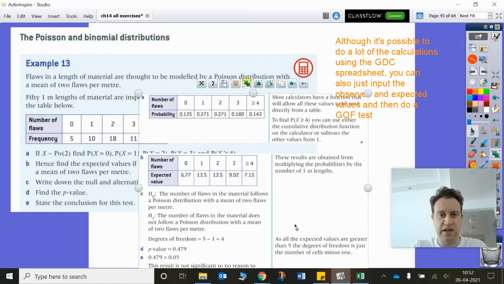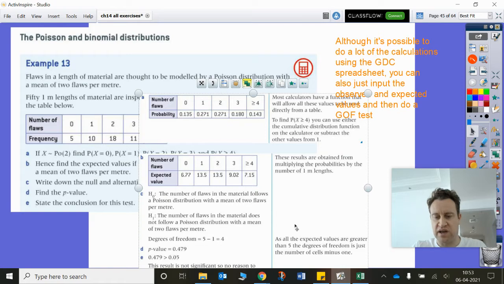The degrees of freedom here are 4, so we've got 5 rows, take away 1. So that's 4, so I'm going to go menu, statistics, stats tests, and 7, so chi-squared goodness of fit test. The observed list is in A, the expected list is in B, and the degrees of freedom here are 4.